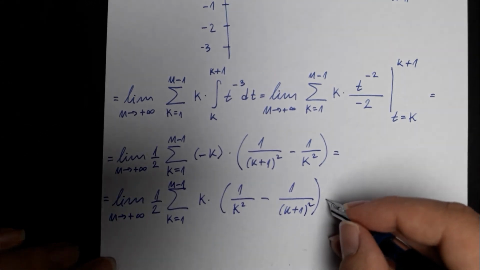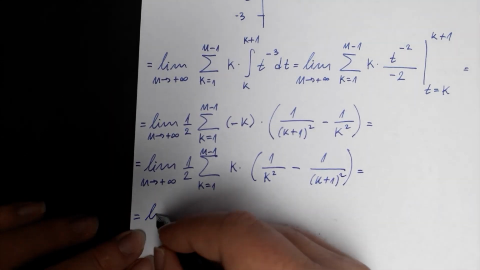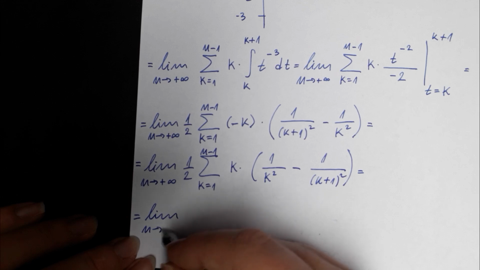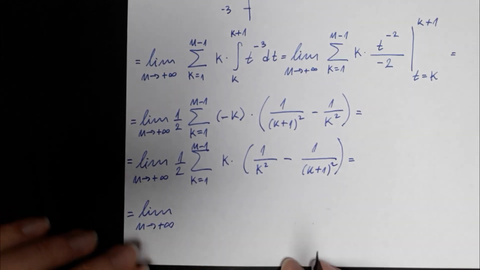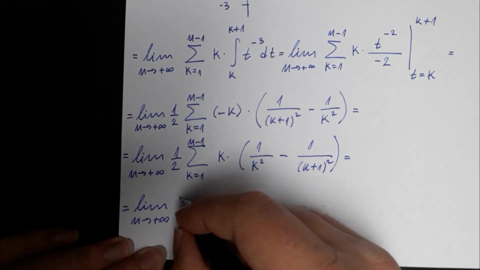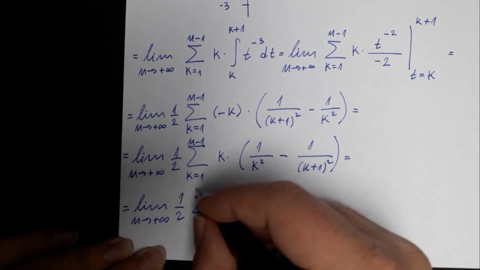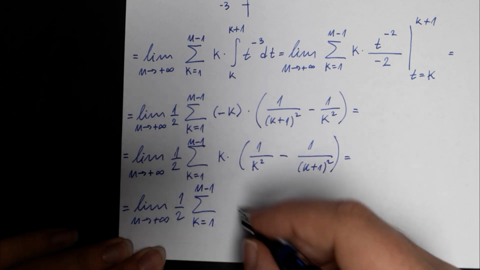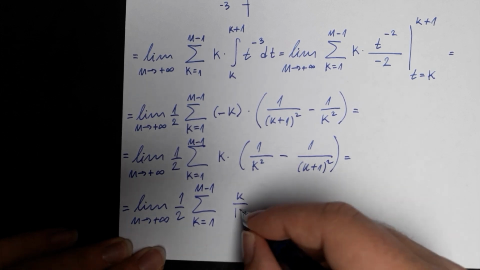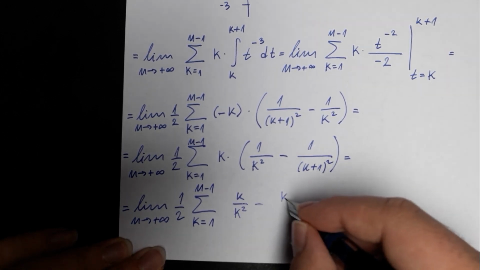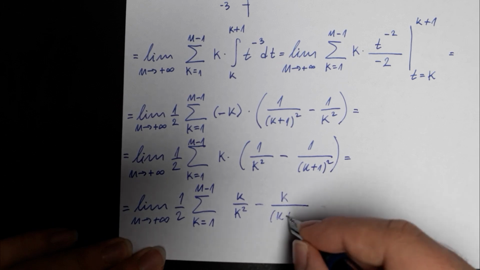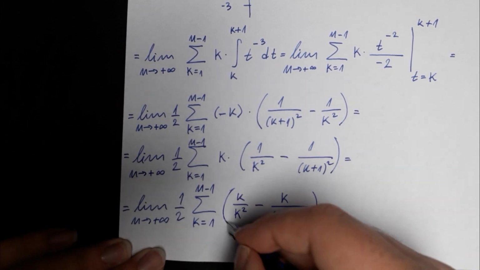And we can write that as a limit when m approaches infinity from the positive side of the 1/2, the sum k goes from 1 to m minus 1, k divided by k squared minus k divided by k plus 1 squared.